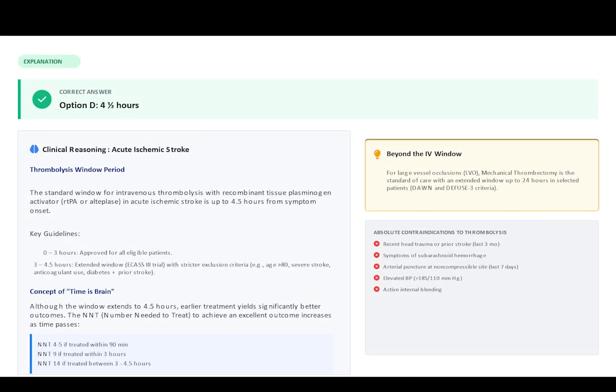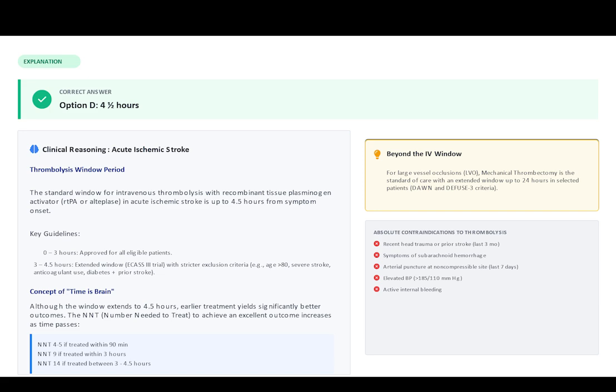If there are symptoms and signs of malignant hypertension, you should treat. If the patient is experiencing myocardial ischemia, you should treat the blood pressure. So all those are the points for treatment of blood pressure.